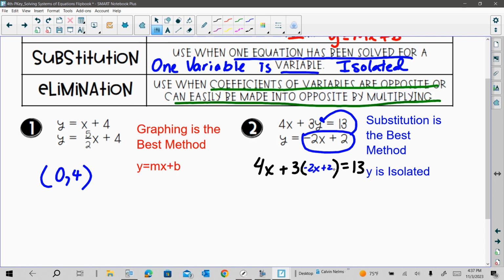Here, we're just going to distribute and then solve for x. So we get 4x minus 6x plus 6 equals 13. We need to combine like terms here, so we are left with negative 2x plus 6 equals 13.